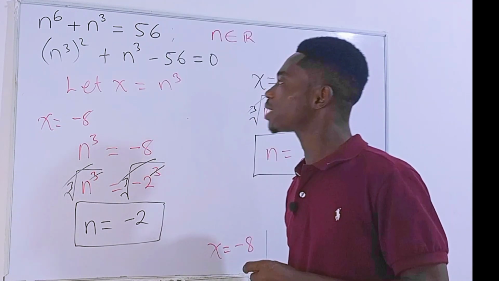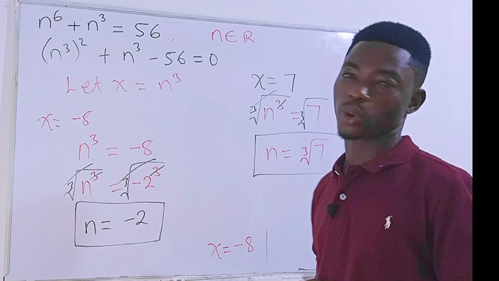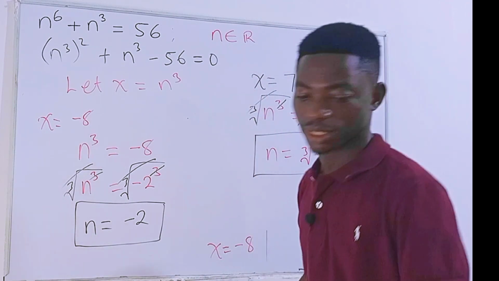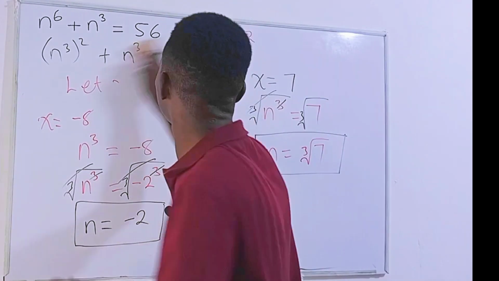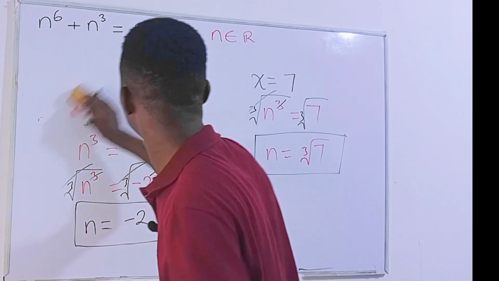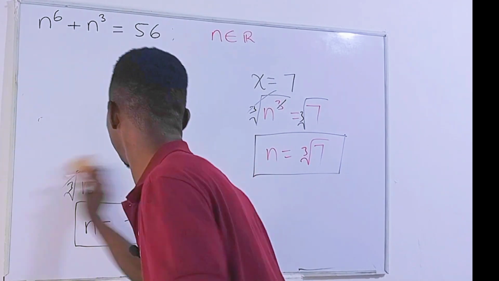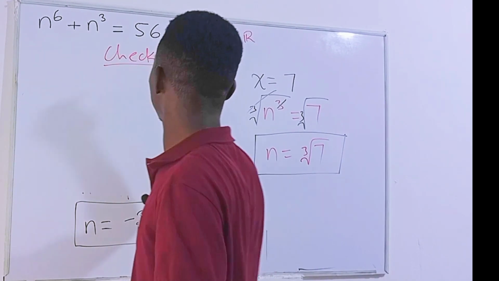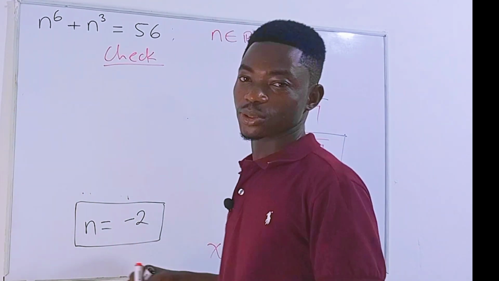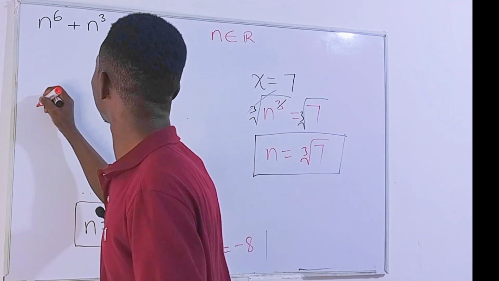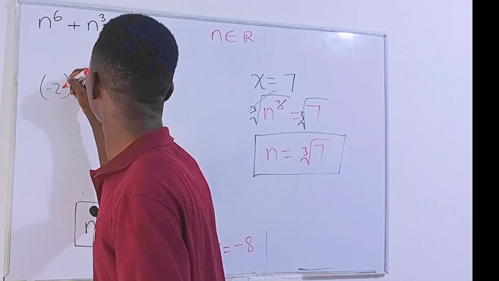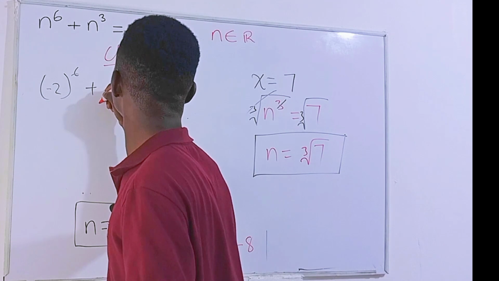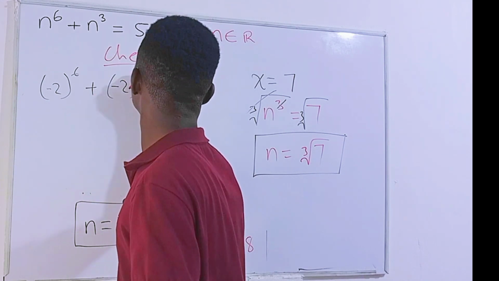You don't have to go test and see whether the solutions will actually work for the equation. But let's go ahead and check our answers to see whether we get all to be 56. So I will say check, then we will start checking. When n is equal to negative 2, we're going to have negative 2 all to the 6th power, then plus negative 2 to the 3rd power.